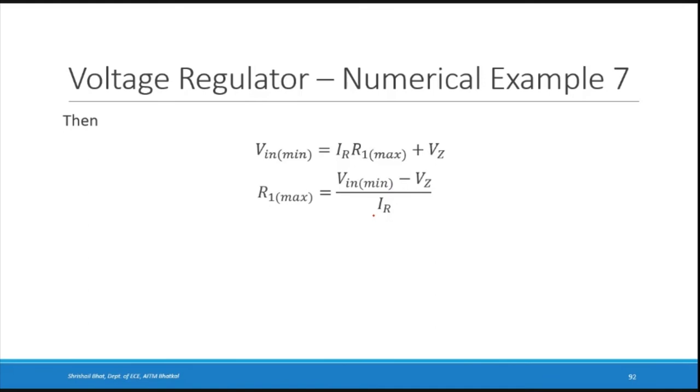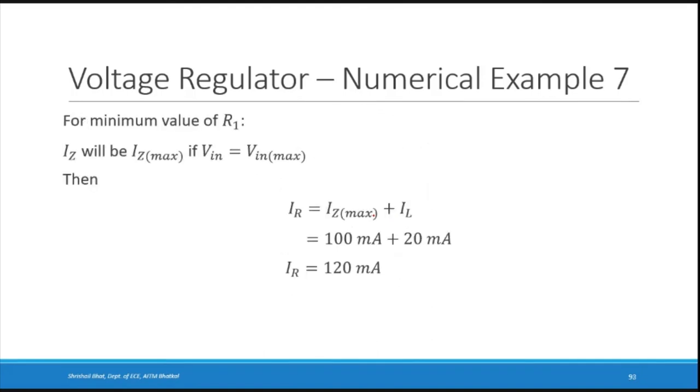Here Vin min is 12 volts minus 2, that is 10 volts, minus 5, divided by 28 milliamps. 5 divided by 28 gives 178.57 ohms. That's the maximum value of R1 you can get.